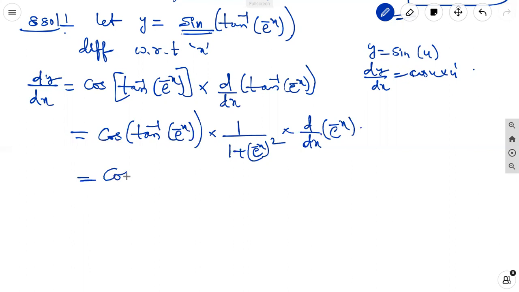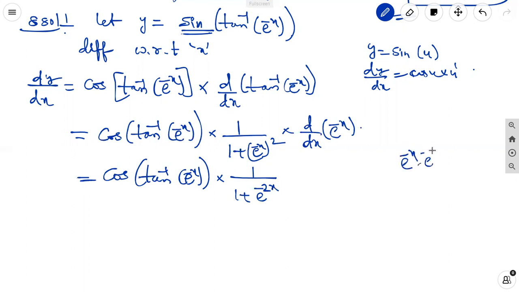is equal to cos of tan inverse of e power minus x into 1 by 1 plus e power minus 2x e power minus x into e power minus x, then we can add the powers. Minus x plus minus x is minus 2x. Again derivative of e power minus x is e power minus x. Again d by dx of minus x. X e power x means e power x, no worries, but e power minus x means it will come the minus 1 is the coefficient.